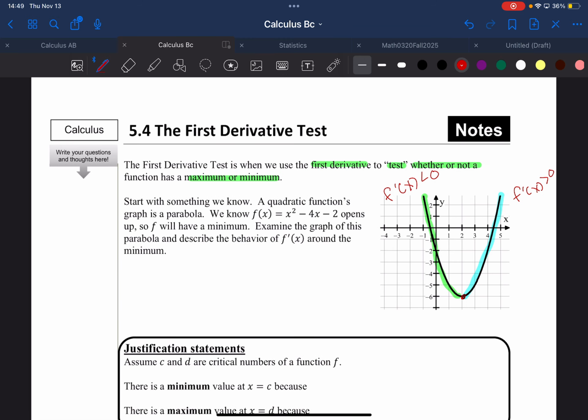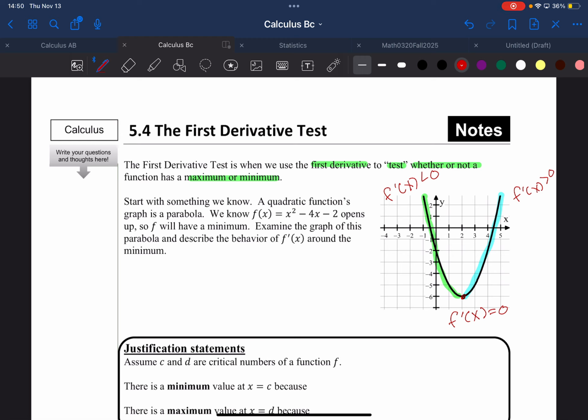Okay. Which means at our minimum value, what is f prime of x? 0. Equals 0. Okay, so we're describing the slopes around this function, and we can notice that when we get our minimum value, the sign of the derivative is changing. It goes from negative, less than 0, to positive, greater than 0.